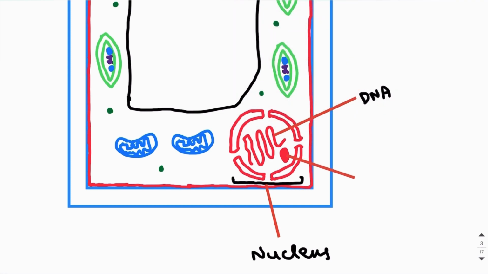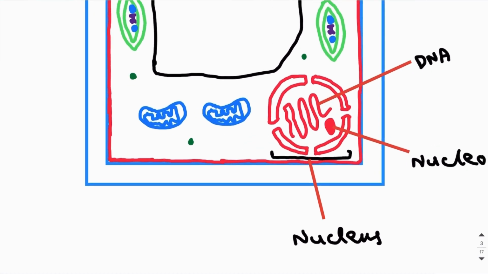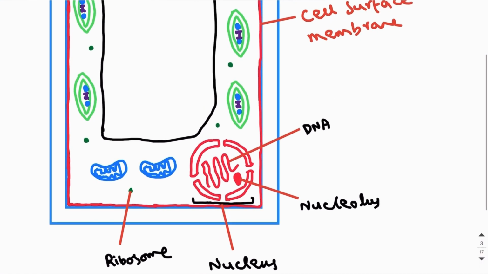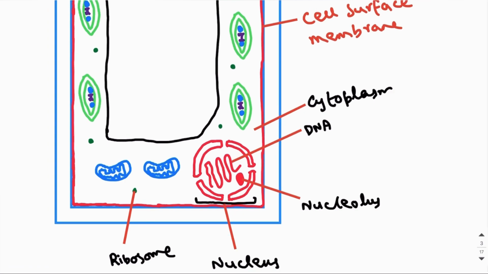And we also see the nucleolus. We also find ribosome in the plant cell, right? And we can see the cytoplasm. So these are the common structures that we find.